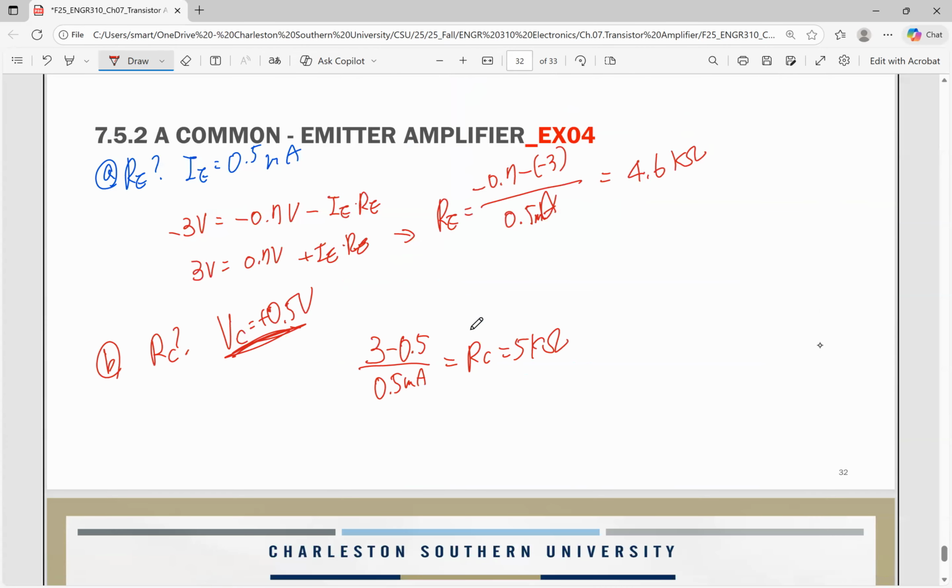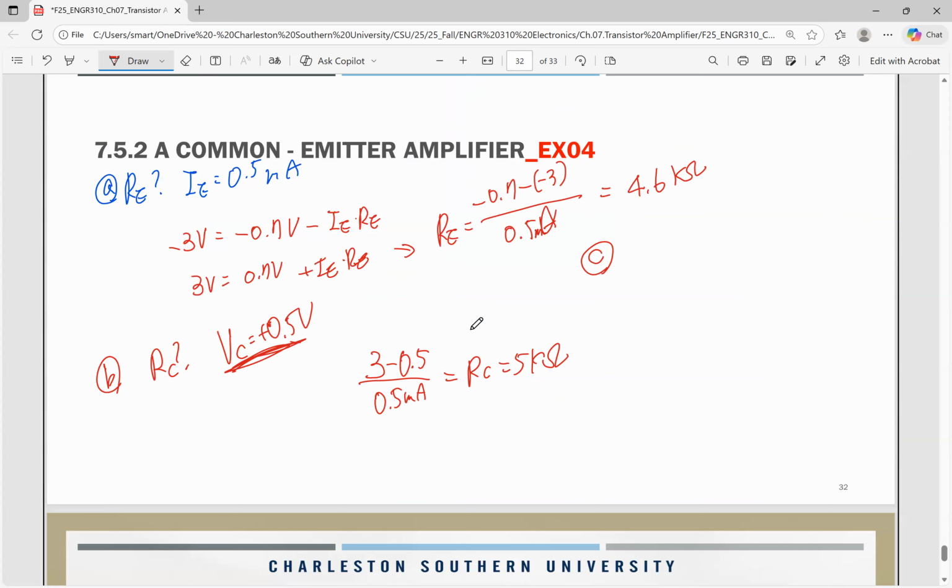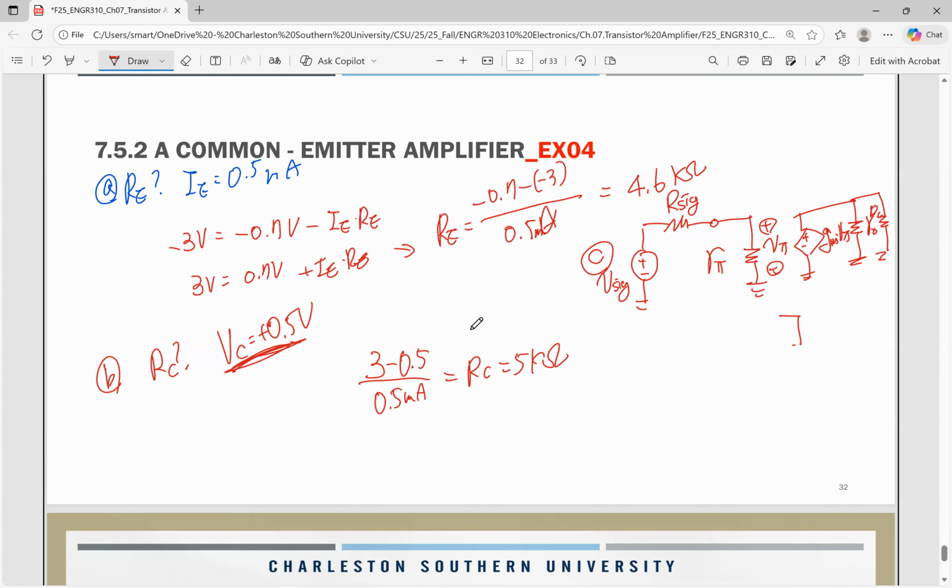Same thing. All right. And now we have to draw the small signal model right there, with V sub signal and R sub signal, R sub pi with plus minus V sub pi, plus minus G sub m V pi, and this is R sub 0, and also R sub C and R sub L. As I said before, we're going to remove the R sub 0 because it's too big.